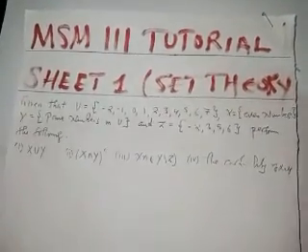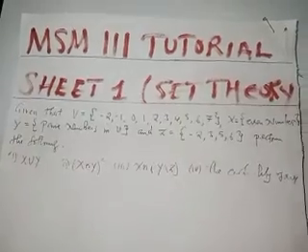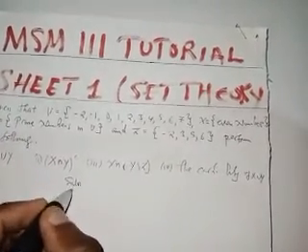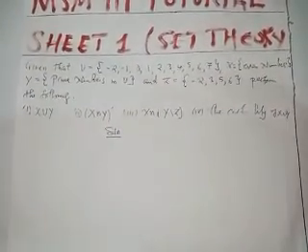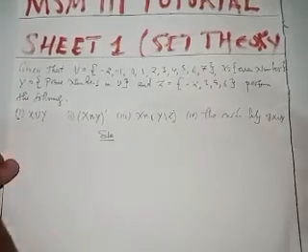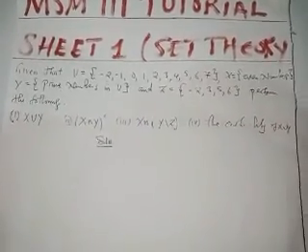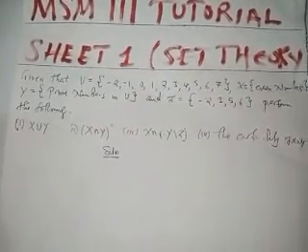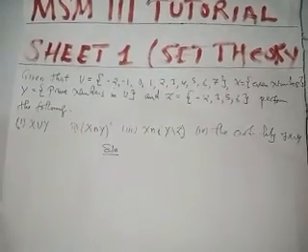So we may begin with the solution. Before anything, let us list the sets, like set X and set Y. If you remember in the previous video, we talked about the methods of listing sets.